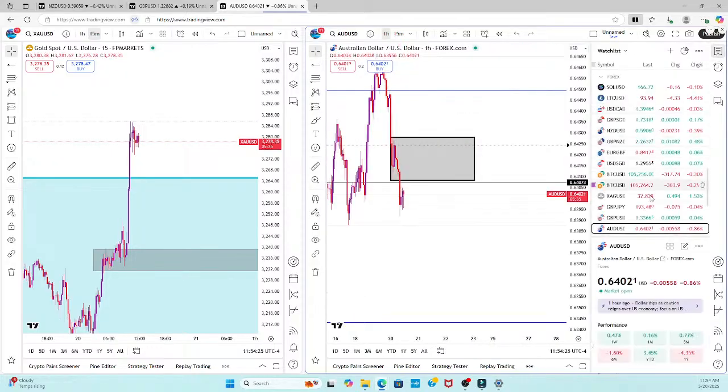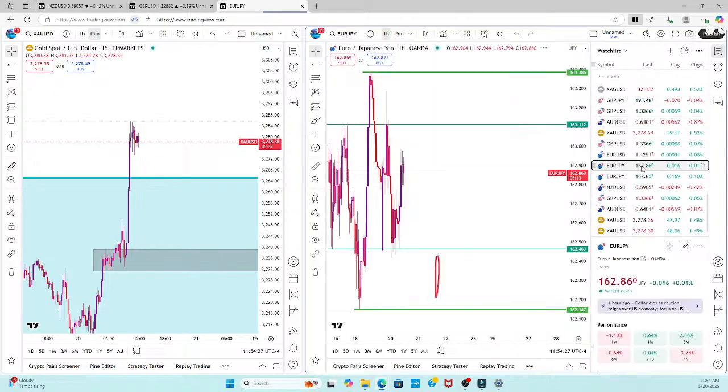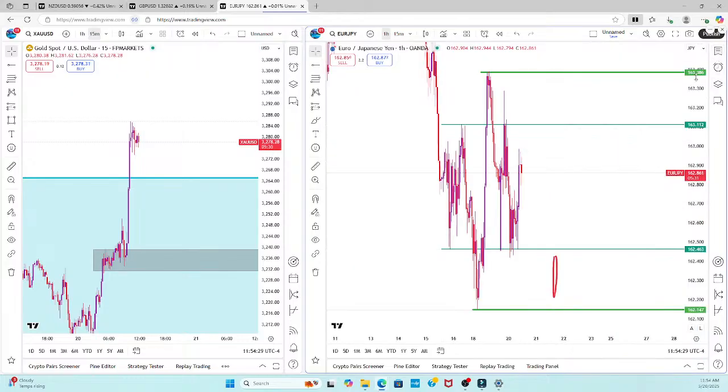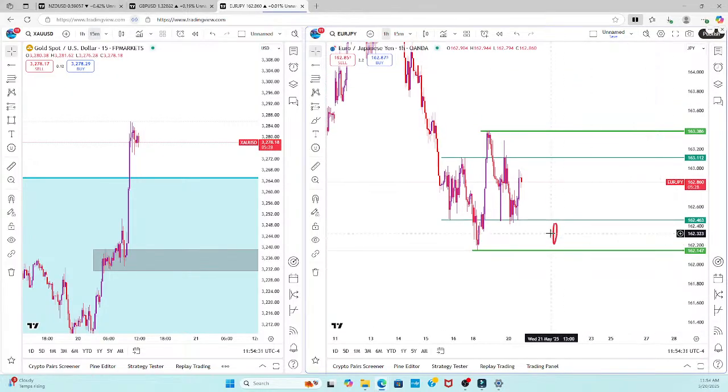And then lastly, we analyzed Euro JPY, which, for now, is going to go long. That's what the market is showing us. It should go long. So that's pretty much it.